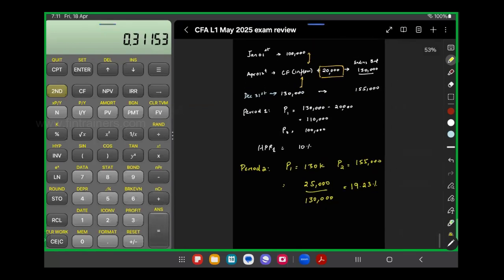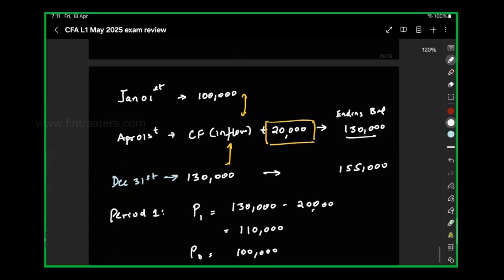So our TWRR is 31.1%. So I did this for less than a year. Now we will probably do one illustration that you can try when it is more than a year. Okay, so let's do that one.